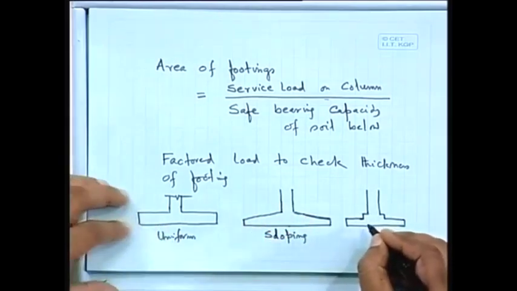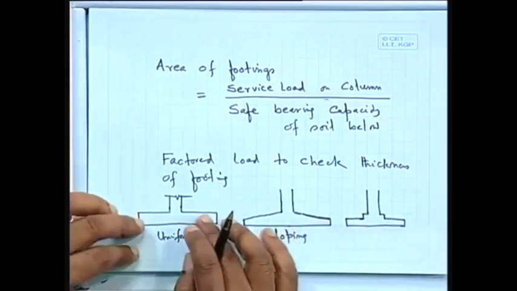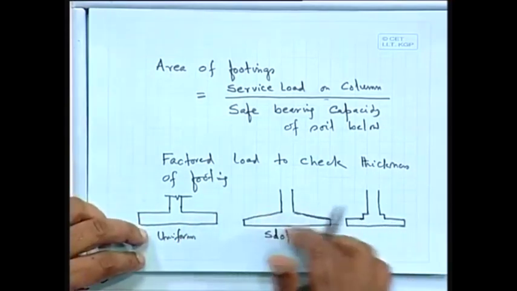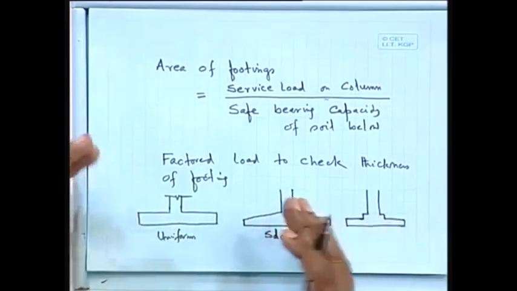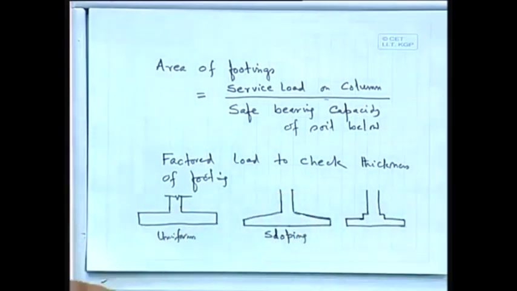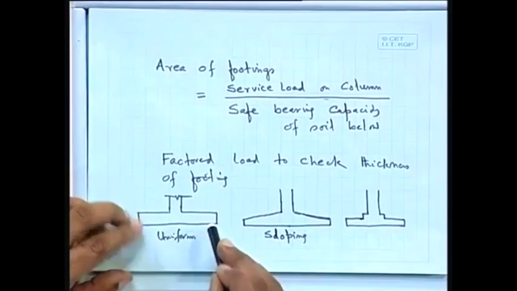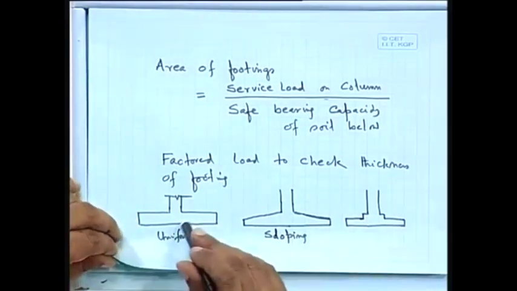So depending on the situation we can make it, but this is the very simplest one. Here we have to find out what load cases, what type of stresses will develop when you are talking about footing. If you look at this, let us take this simple one.